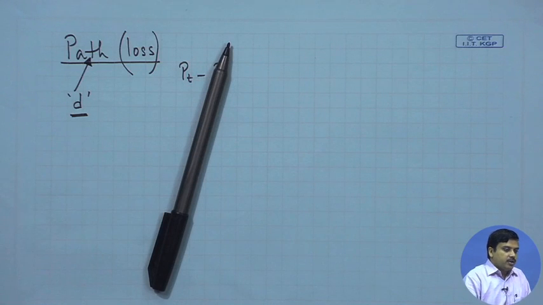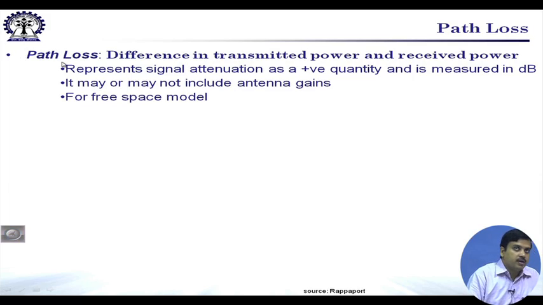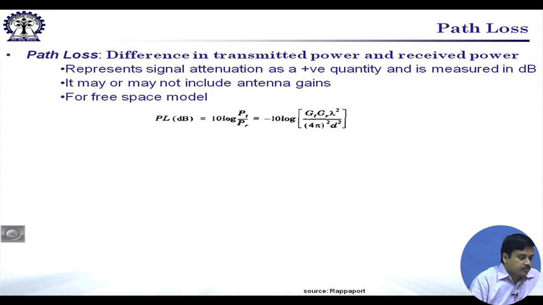So, this particular variable would be used significantly in predicting coverage for communication systems. Typically, path loss is expressed as shown in this equation: PL in dB, it is usually mentioned in decibels, is 10 log base 10 of PT, that is transmit power, divided by the received power.